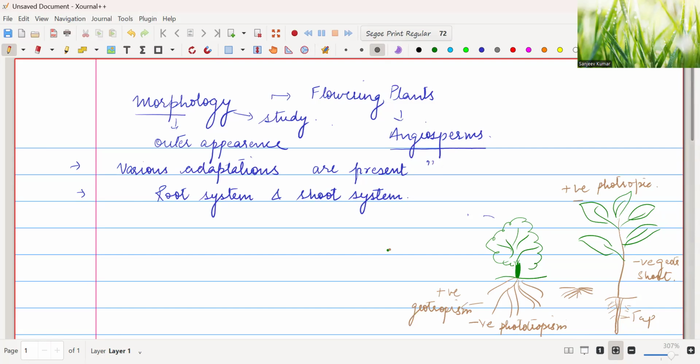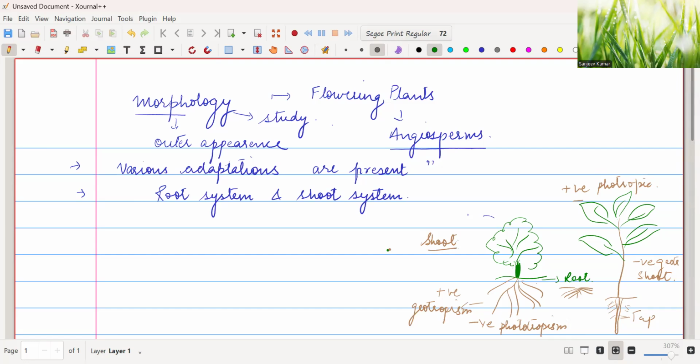We say that the part which is above the ground is the shoot system or the shoot, and the part which is underground, under the soil, is called the root system.